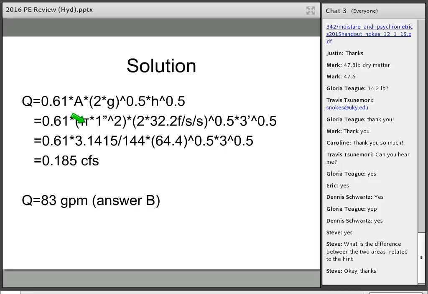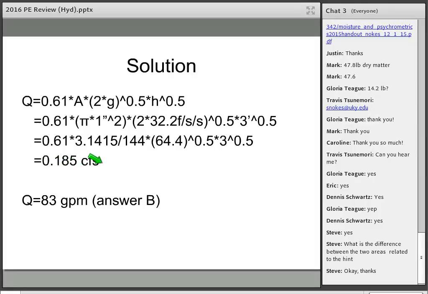The area is pi times the radius squared. You've got 32.2 feet per second squared as the gravitational acceleration. Okay, you see where it's all coming from. Then you just do the math and you end up with 0.185 CFS.